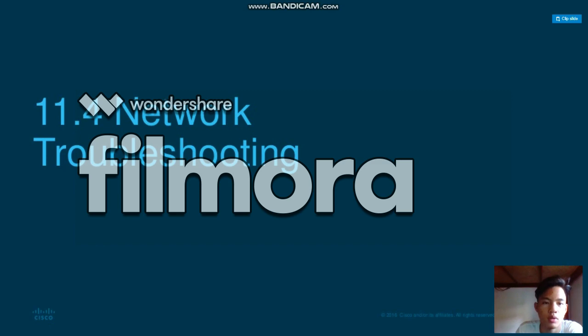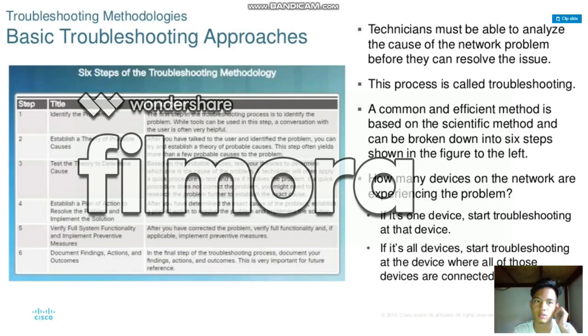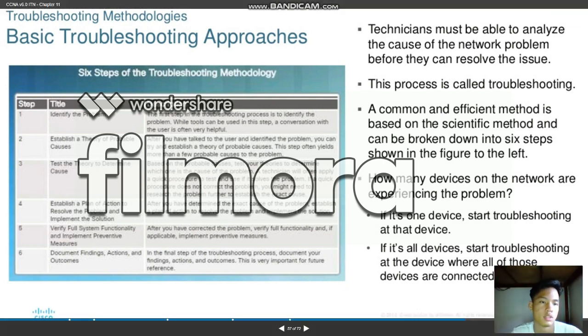So 11.4 network troubleshooting. So, basic troubleshooting approaches. Technicians must be able to analyze the cause of a network problem before they can resolve the issue. This process is called troubleshooting. A common and efficient method is based on the scientific method and can be broken down into six steps, shown in the figure on the left. So these are the six steps of troubleshooting methodology.